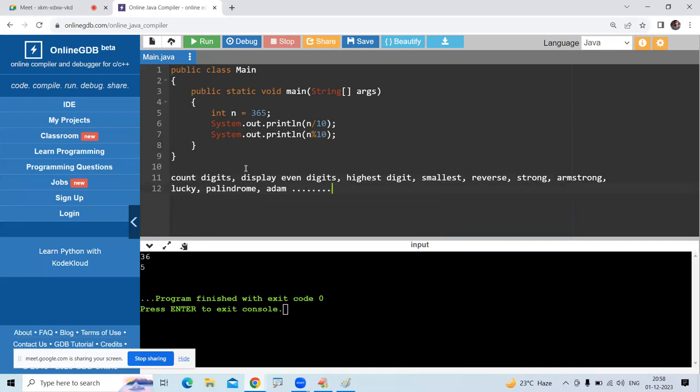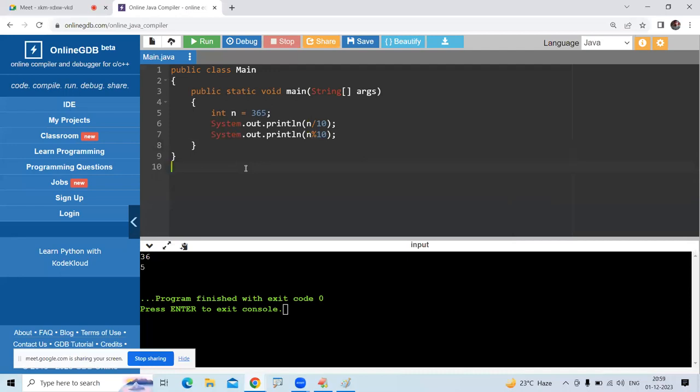All these programs are based on these two concepts only, divide by 10 and mod 10. That's why we are learning these two things perfectly in arithmetic operators. Remember the point. Okay, so please do this quick.